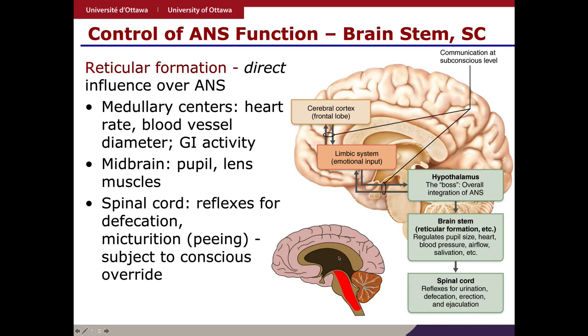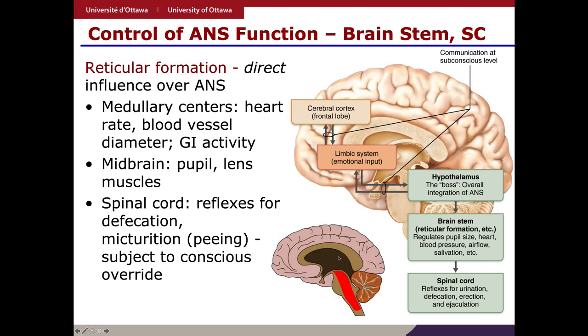These are involuntary autonomic reflexes but are subject to conscious control and can be overridden by the brain. A good example of this is micturition, a fancy word for peeing, which occurs involuntarily in infants and young children until the age of 3 to 5 years, after which it is regulated voluntarily.